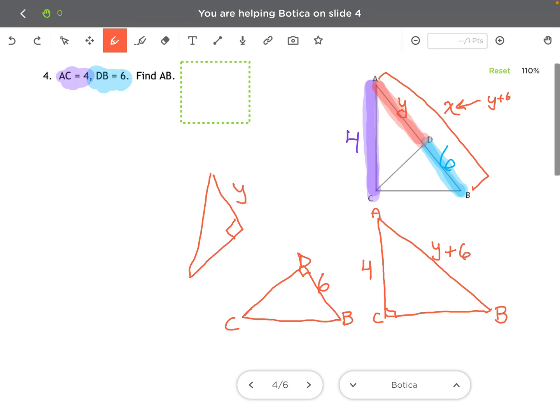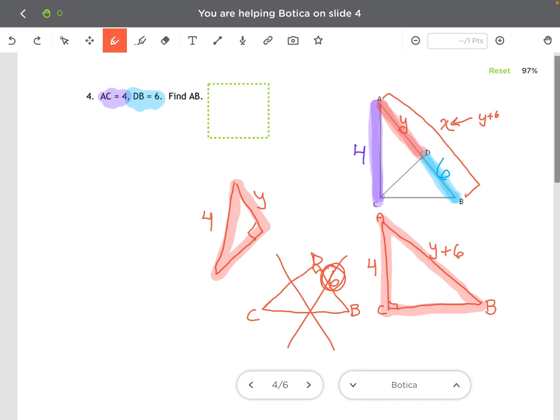I know that this is Y and this is 4. You can see by pulling out these right triangles that you're going to be using this right triangle and this right triangle, because in this other right triangle, they're only giving us one side of 6, and I don't want to bring in another variable.